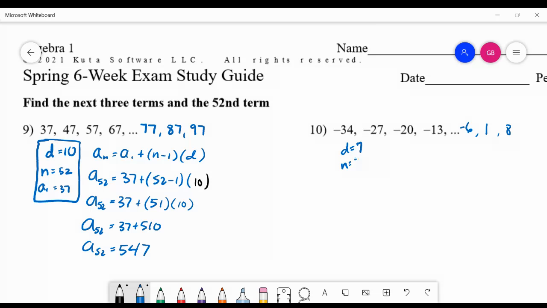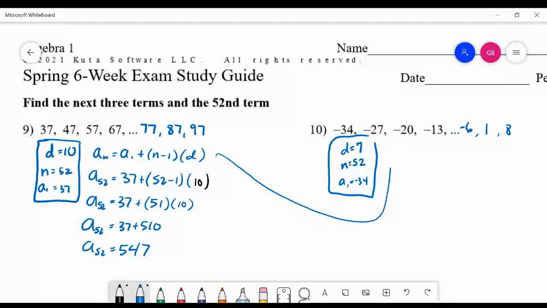We want to find the 52nd term, and the first term is negative 34. Okay, so this is what we're going to use for our formula. This is the one that we're using again, since it's arithmetic. So a sub 52 is negative 34 plus 52 minus 1 times the common difference of 7.